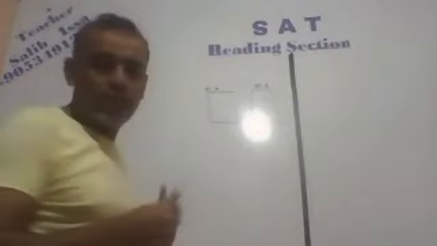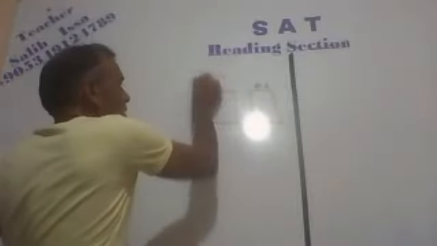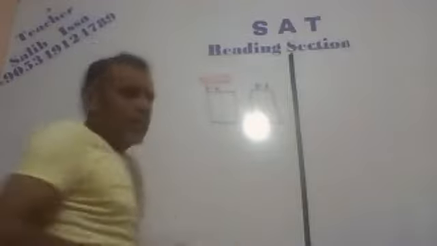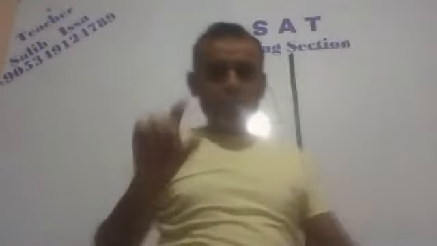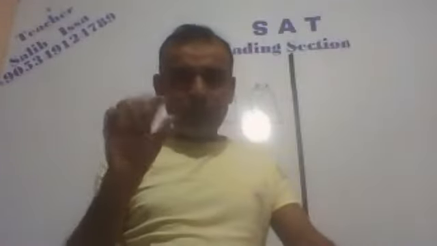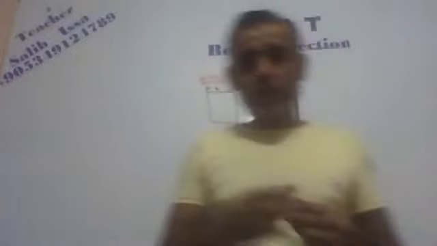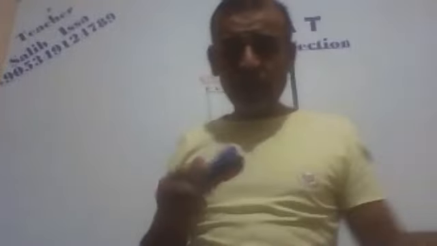The blurb is a small paragraph above the passages, and it gives us some information or the source of the passage.